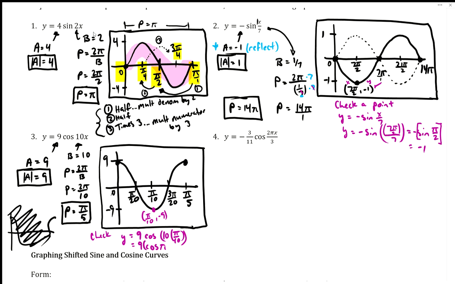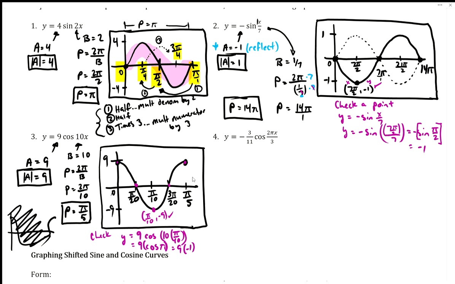Well, cosine of pi is negative 1. So I'm just squeezing it in there. 9 times negative 1 matches that y coordinate. Okay, so it shows that it's correct, or at least that point is. And if you have lots of time, it might be worth checking all of them, but they will all work here. So I would always at least check one.